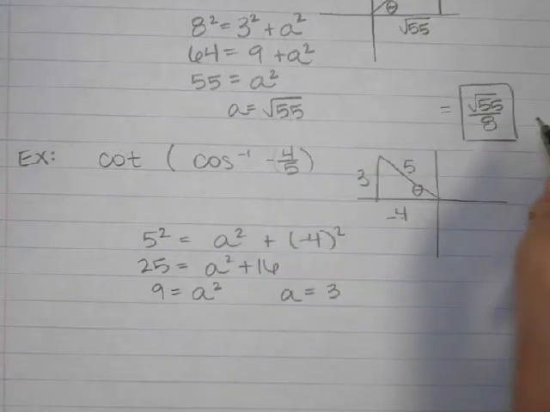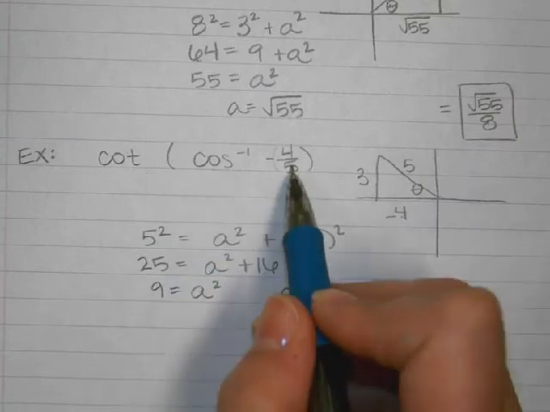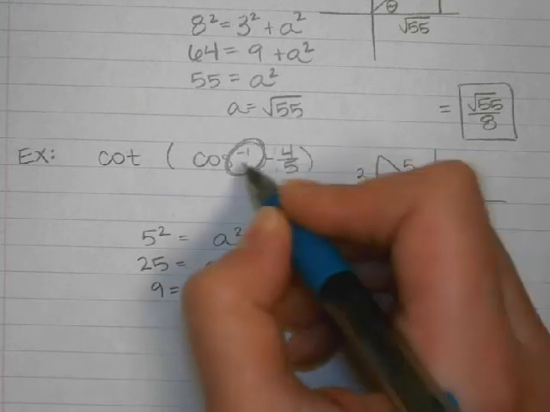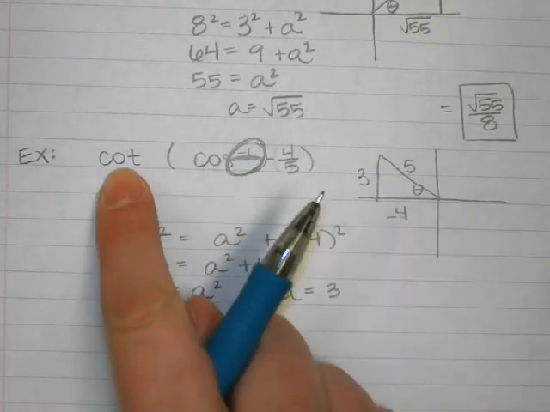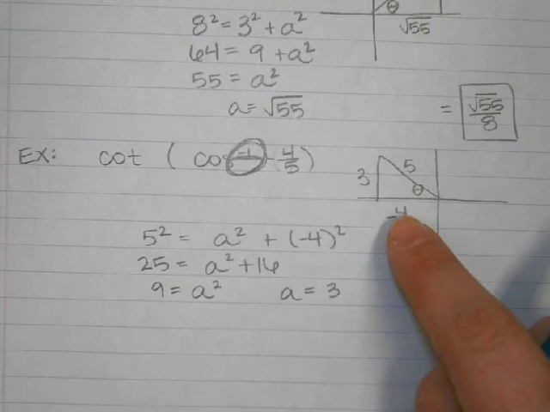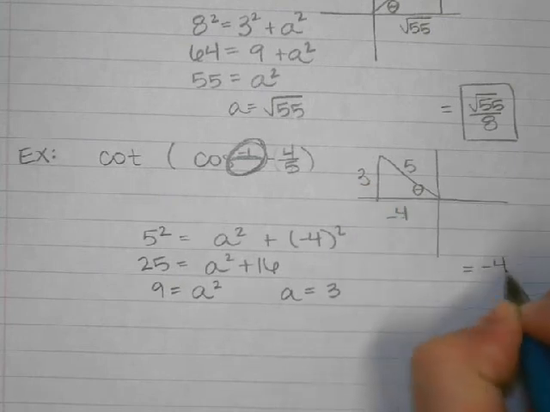So that missing side right there is 3. So now if I say cos inverse of this fraction equals this angle right here, then cotangent of that would be adjacent over opposite. So adjacent over opposite is -4/3. And so this evaluation would be -4/3.